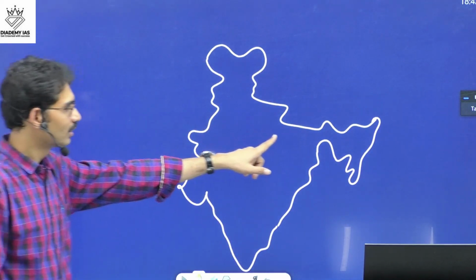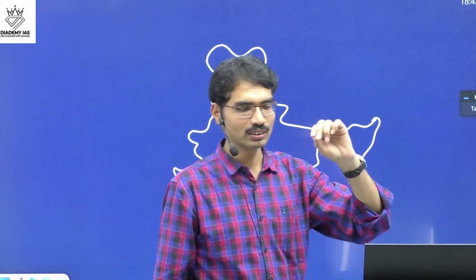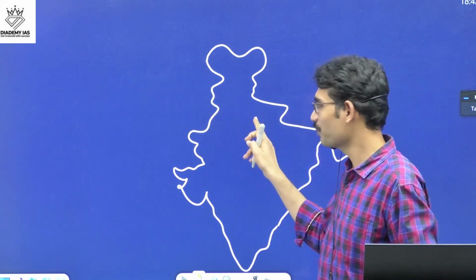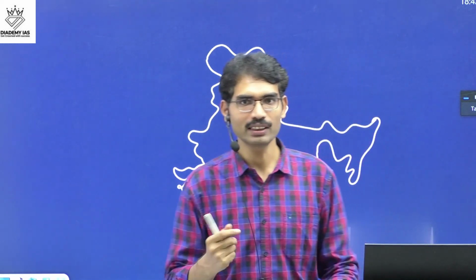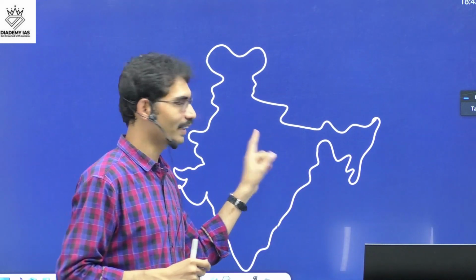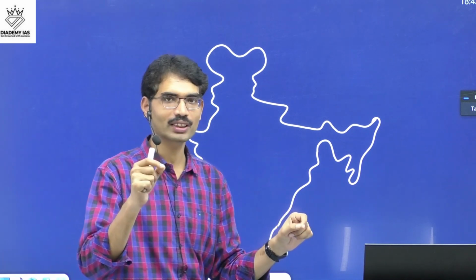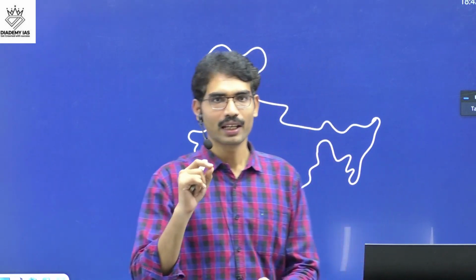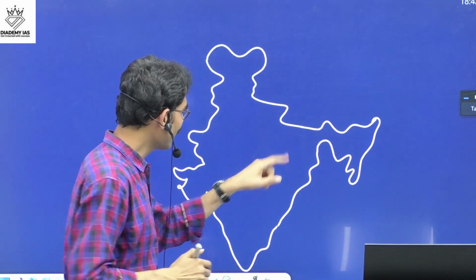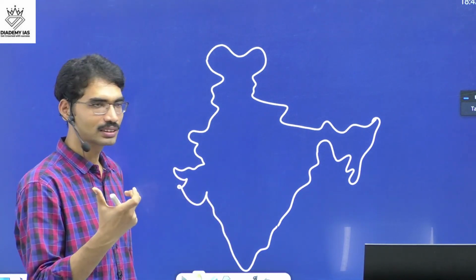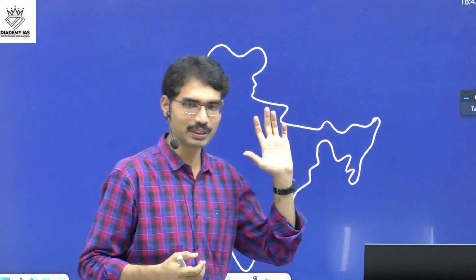Earlier, different regions were given to different iqtadars. Because when the Delhi Sultanate emerged, they came from outside and they had to control the land. That is why they gave land in the form of iqta to military people, soldiers. In this way, many areas came under the iqta system, which means individual administrators were administering.